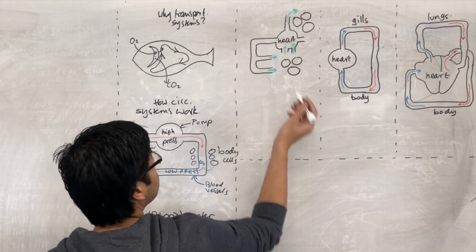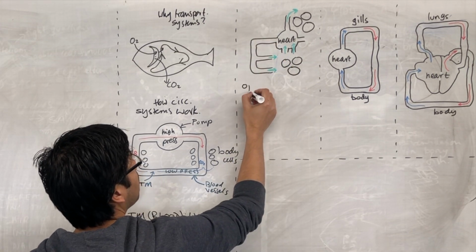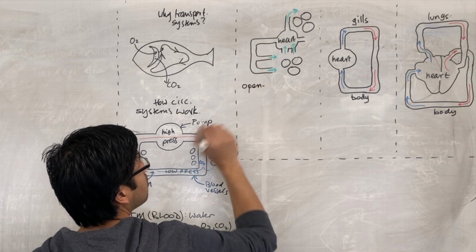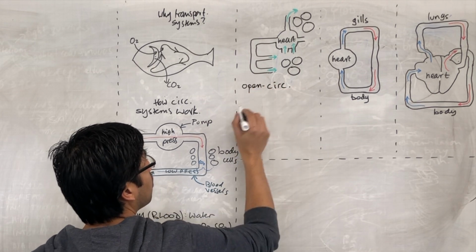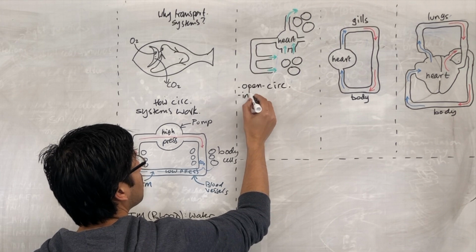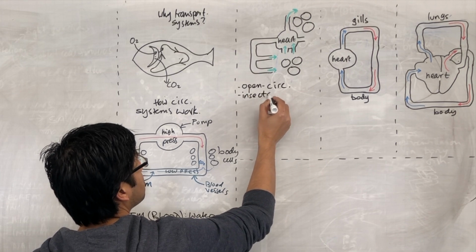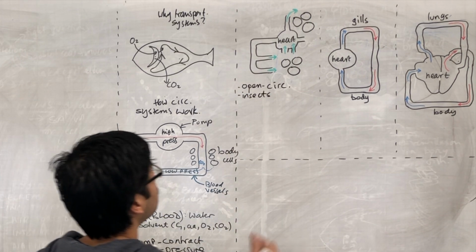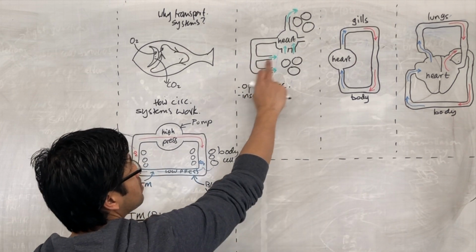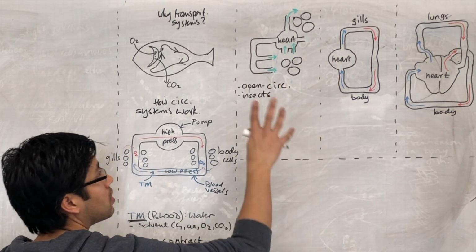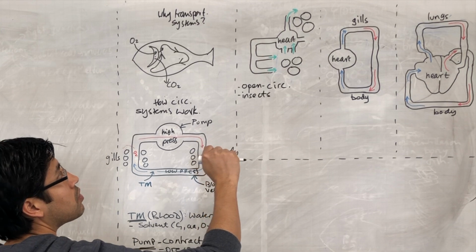insects, for example, have, and so we're talking about here, an open circulatory system. An open circulatory system, and it's usually found in organisms such as insects. Okay, so in this case we've still got the heart. It's still putting pressure on the transport medium.